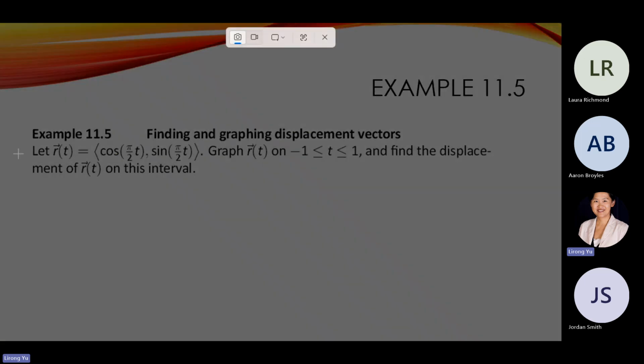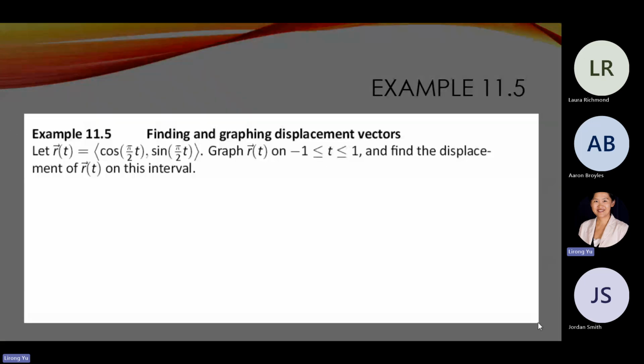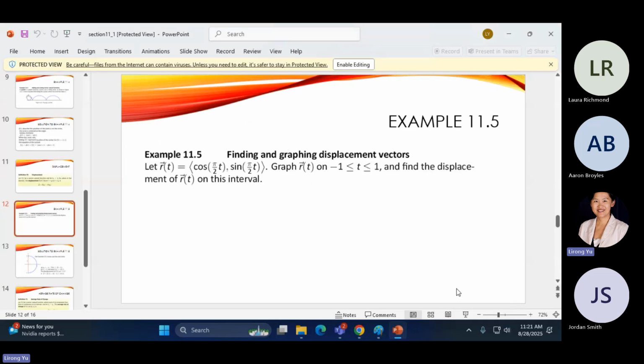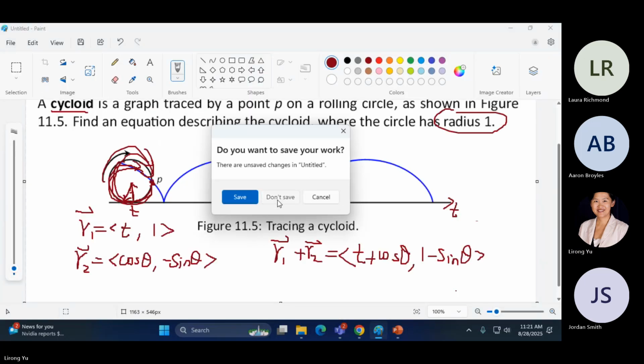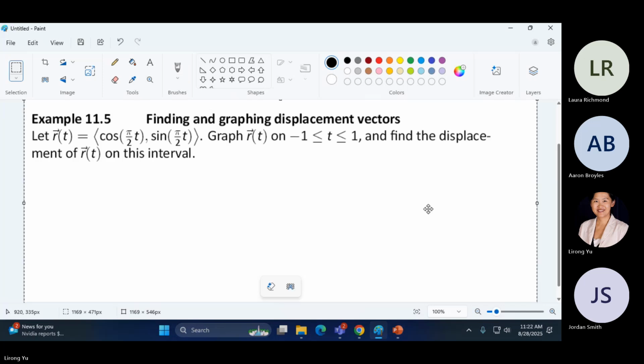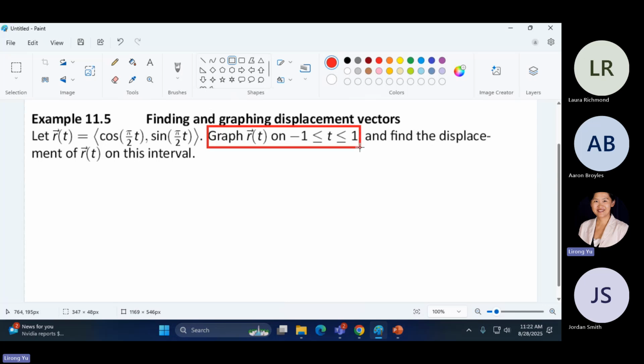Let's see. Follow the definition. Let's try to understand the term, the displacement vector. Right, this is actually two different questions. The first one is to graph this whole thing from -1 to +1.